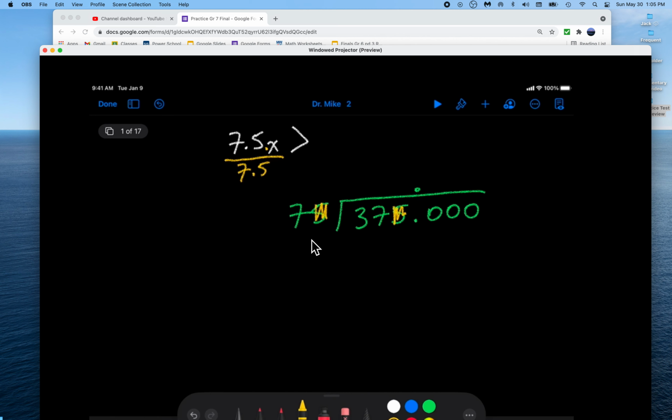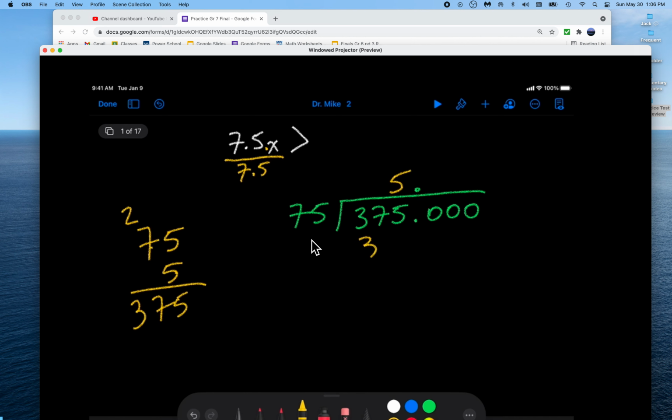I would try 5 times 75. And I would do it on the side. I would not try to do it in my head. 5 times 5 is 25, carry the 2. 5 times 7 is 35, plus 2 is 37.